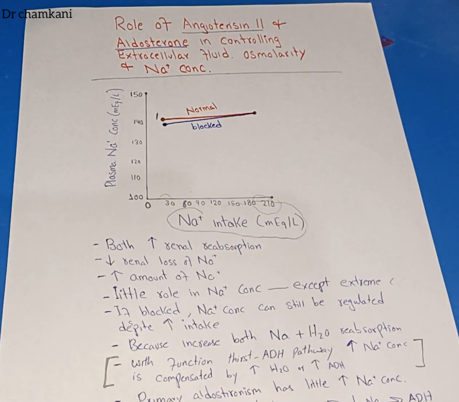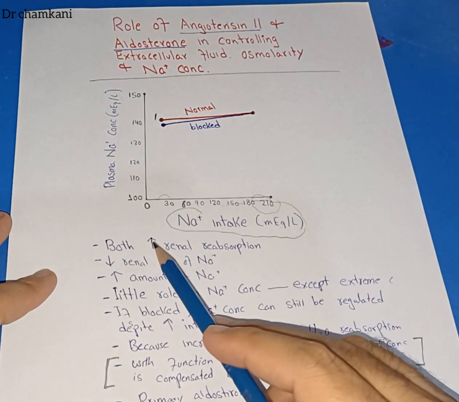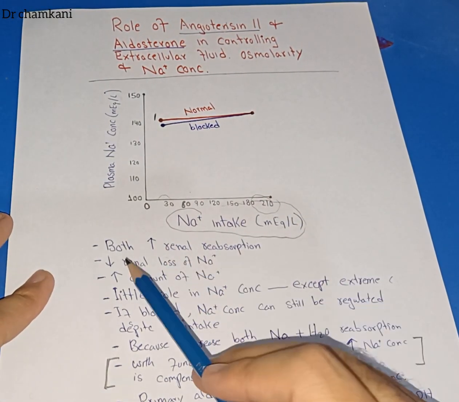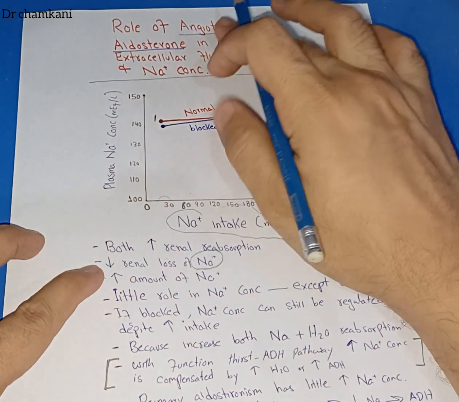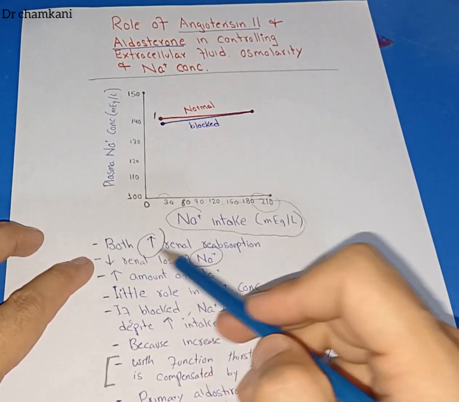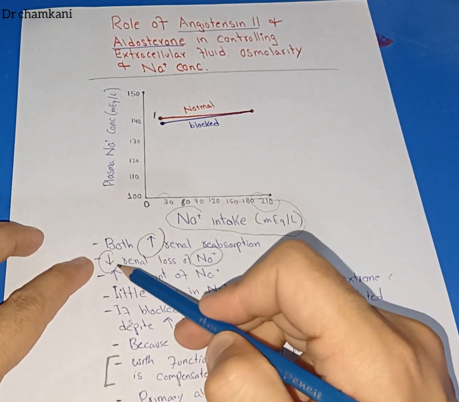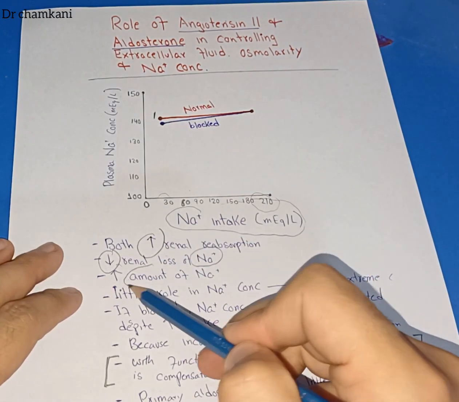Now, why is it that the angiotensin and aldosterone have very little importance? Because they normally increase the renal reabsorption and decrease the renal loss of sodium from the kidney. So normally the angiotensin and aldosterone will help in increasing the reabsorption of sodium and water from the kidneys, and they will decrease the losses of sodium through the kidneys. So they overall increase the amount of sodium in the blood.